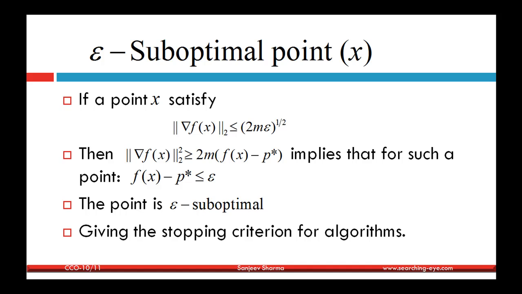If the norm of the gradient is smaller than some pre-specified small positive value, then the algorithm will stop. And hence we have derived the stopping criterion for our algorithm, and the x returned by the solution is an epsilon suboptimal point.